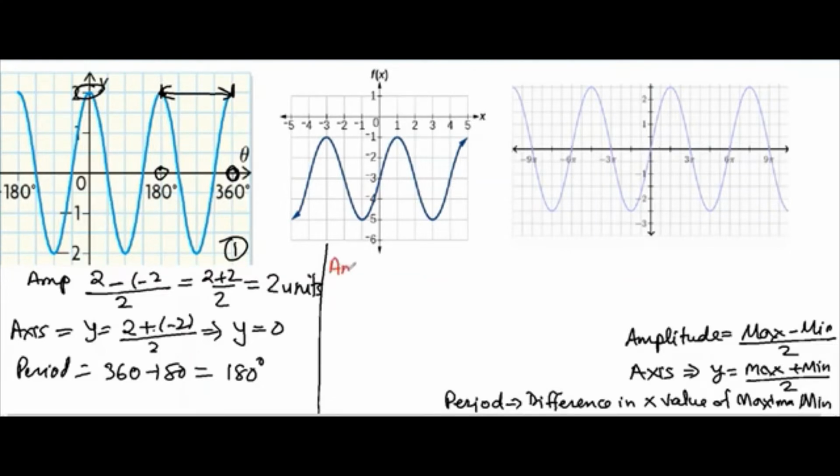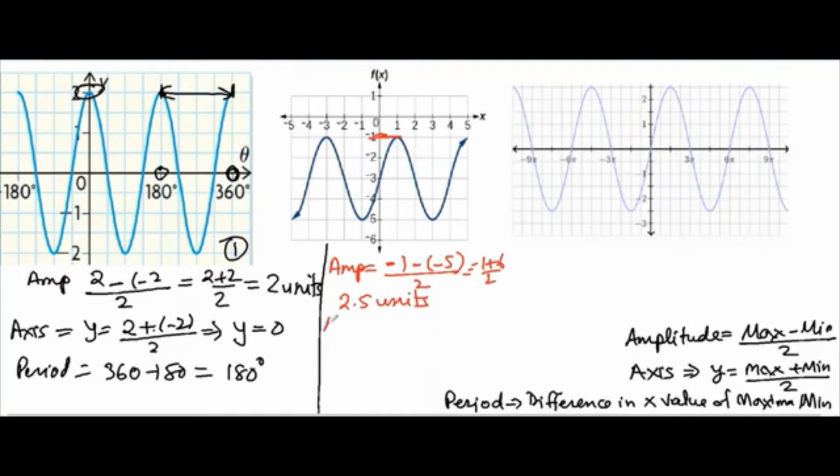Amplitude. Maximum is minus 1. Can you see? Highest point is minus 1. Minus lowest point, minus 5, divided by 2, which is minus 1 plus 5, no, 6 minus... that is 5 minus 1 over 2, 2.5. 2.5 units is the amplitude of this second graph.